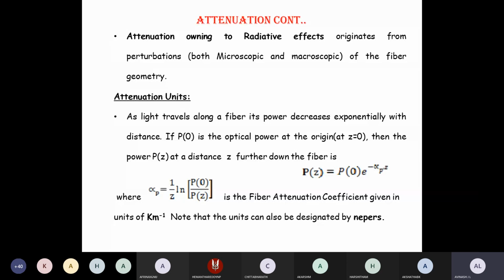Hope you have taken this. So the unit of attenuation is Napiers.